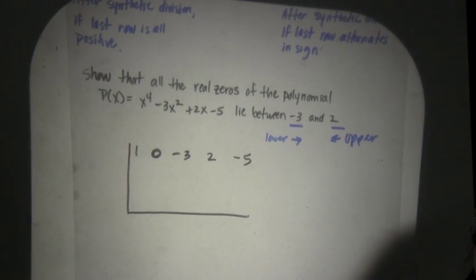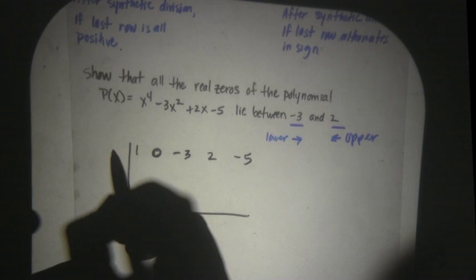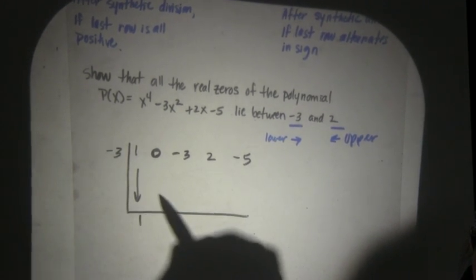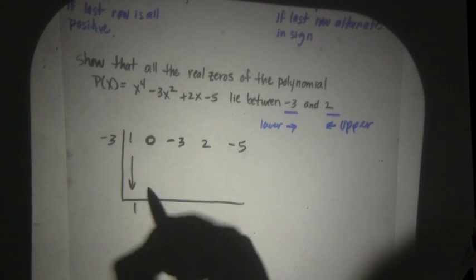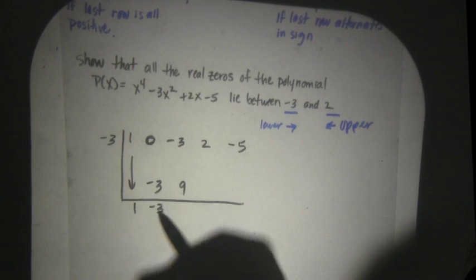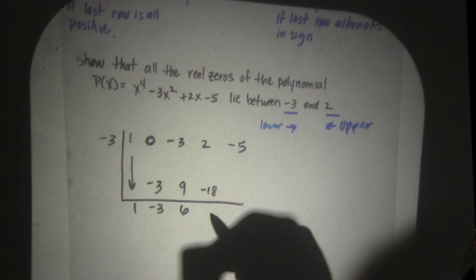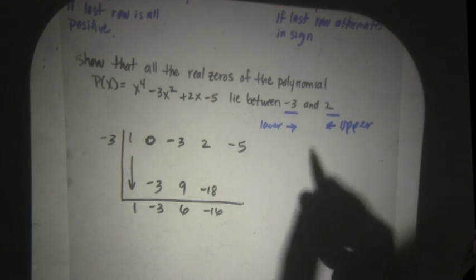Okay, and for the lower bound, I am dividing by -3 and bring down my 1. And if you remember from the last lesson, we multiply diagonally and add vertically. So -3 times -3 is 9, 9 minus 3 is 6. This becomes -18. This is -16. Negative times negative is positive.